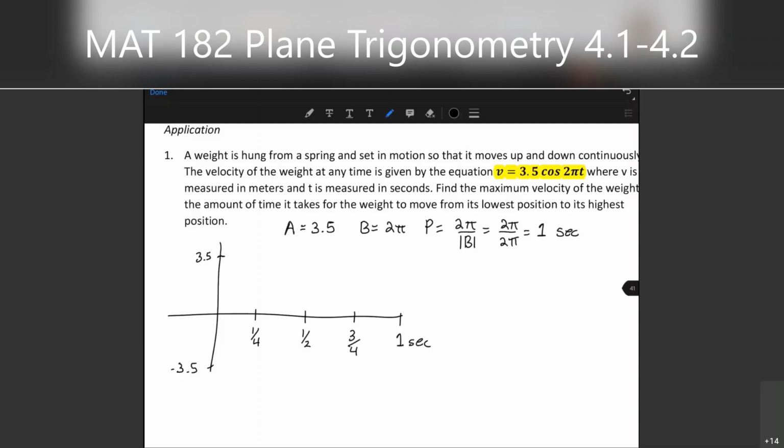So dividing that graph into 4 sections there, we can consider how to sketch a cosine function. The cosine always starts at our amplitude. And so the cosine function starts at that high amplitude, and we'll draw our cosine in like so.